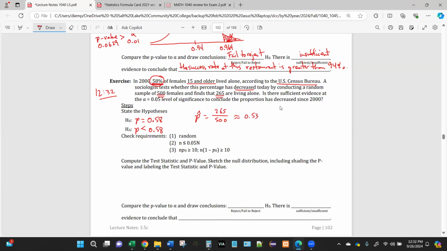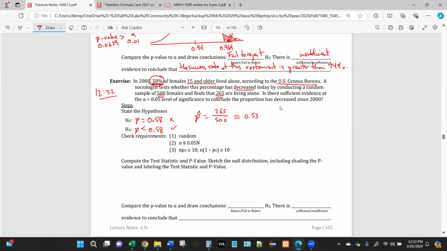In the sample, it is less than 0.58, so obviously we have some evidence against the null. It's not 58%. It does look like it's less than 58%, about 5% less. So is that conclusive? Is it statistically significant?